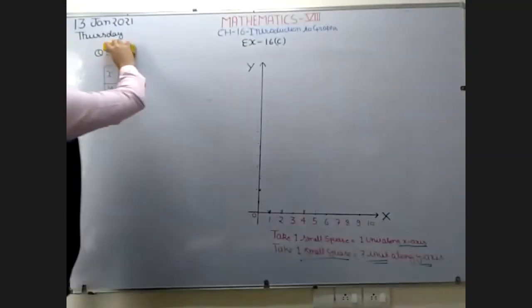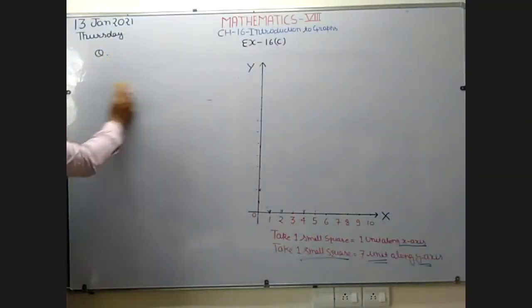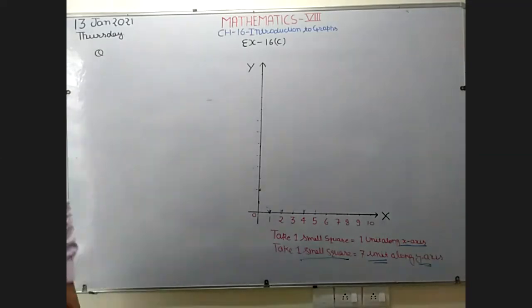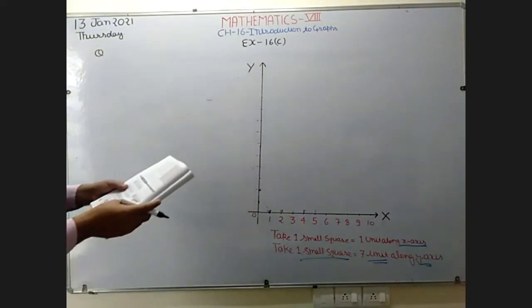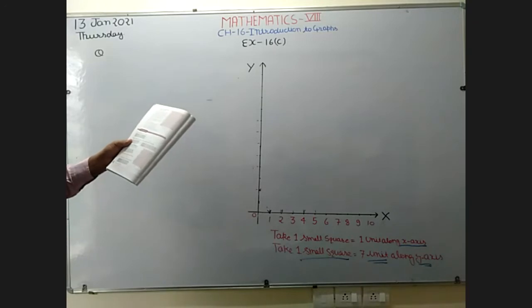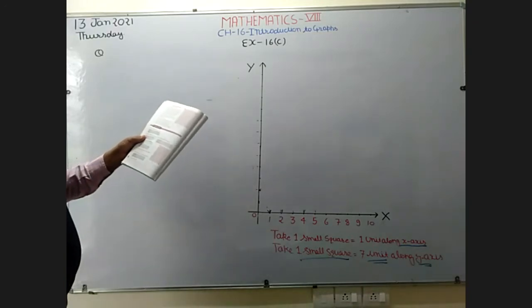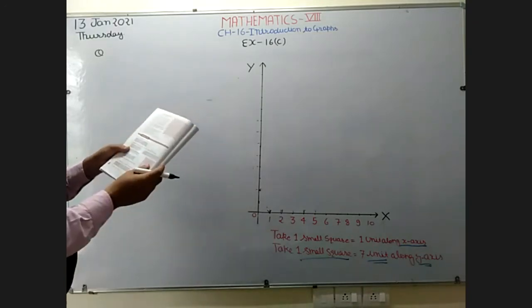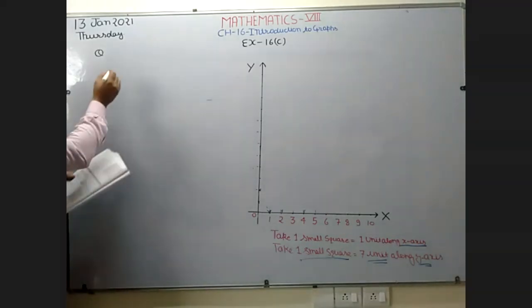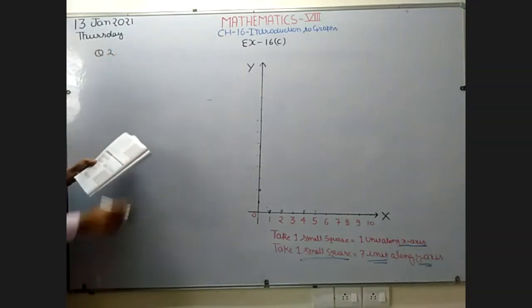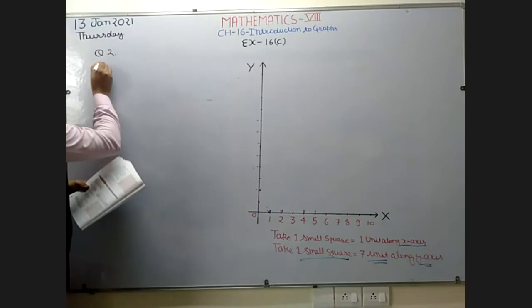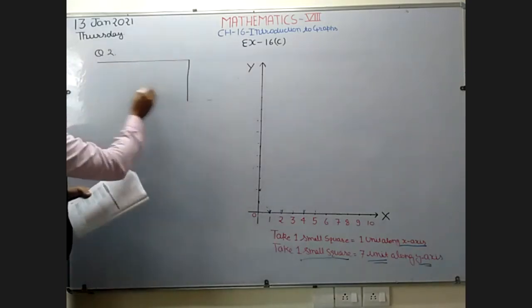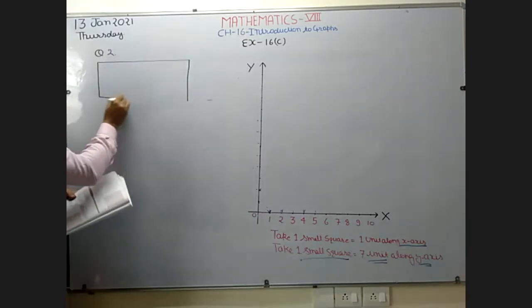In this question, 2 parts are there, beta. Complete the following table of values and make a graph of each of the following. I am going to solve its first part. Complete the following table means one table is given. First, I want to complete this table.